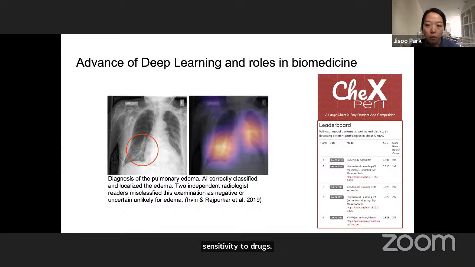To solve this problem, we decided to utilize deep learning models with superb predictive power, as many researchers have been taking a great deal of interest in applying advances in artificial intelligence to tackle various problems in biomedicine. For example, like the deep learning models in radiology. In 2019, deep learning models started outperforming human radiologists in diagnosing various lung diseases based on X-ray images.